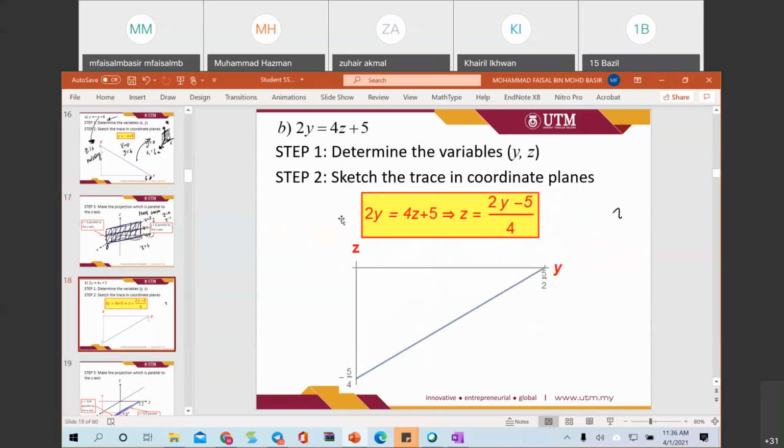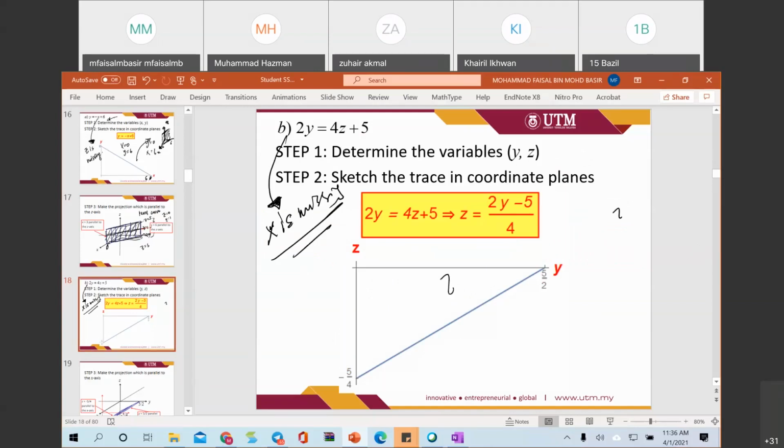And then okay, the second one: 2y equals 4z plus x. Which variable is missing? X. If x is missing, it will be a little bit tough, because you have to make it parallel to x.